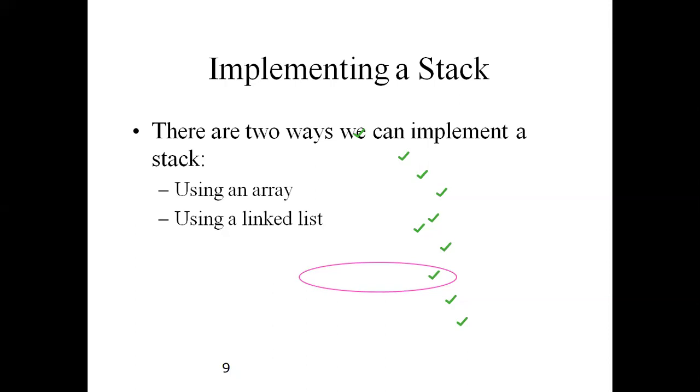Already we know about array, and linked list is also similar, but not similar; there are some differences with respect to arrays. We can implement the stack, that means we can execute the stack with the help of array and linked list. Don't be confused. What is the implementation part?